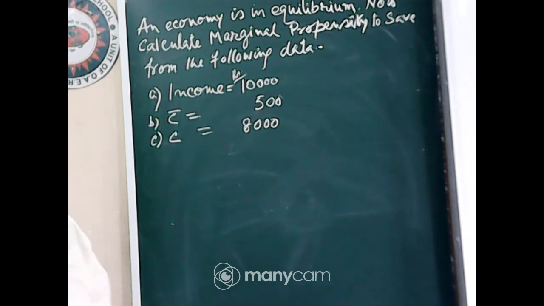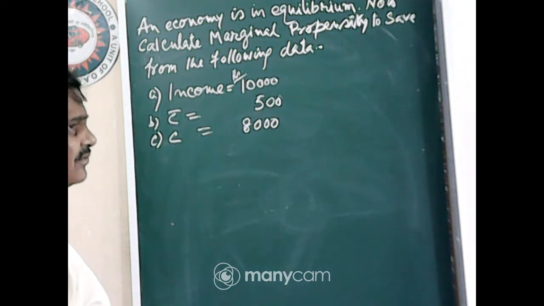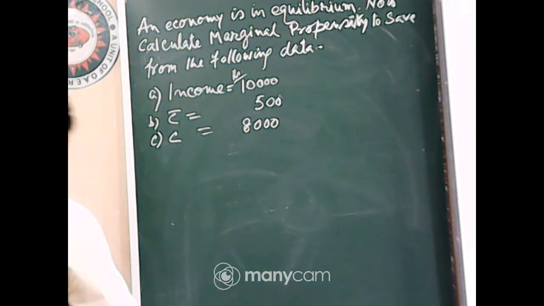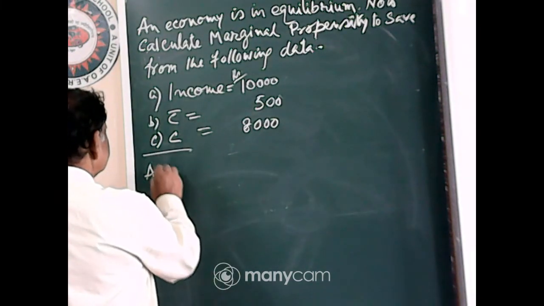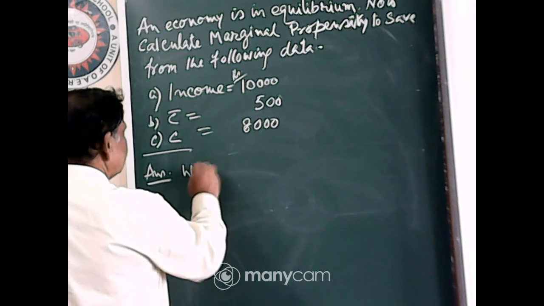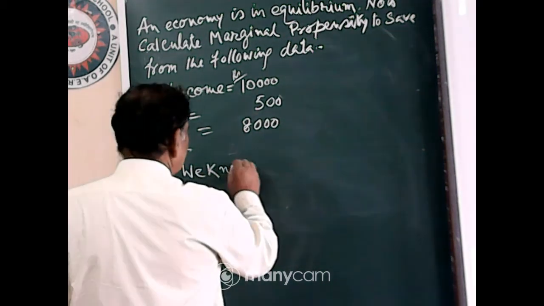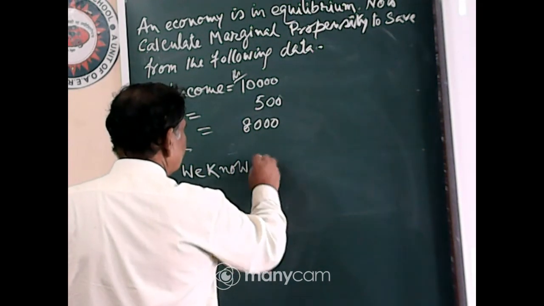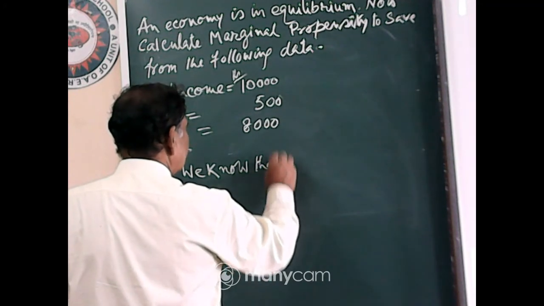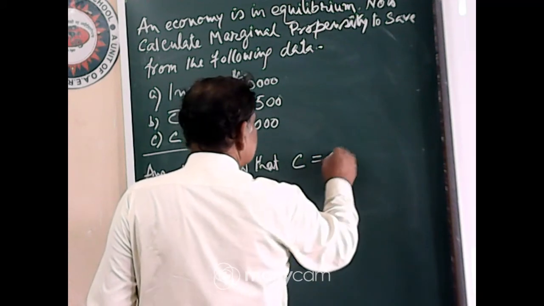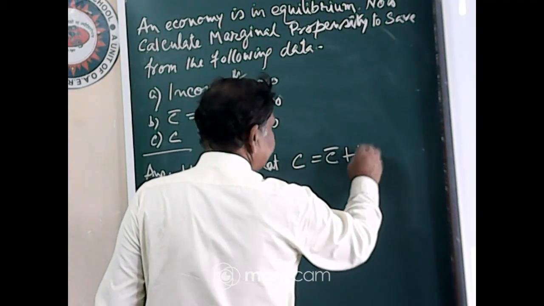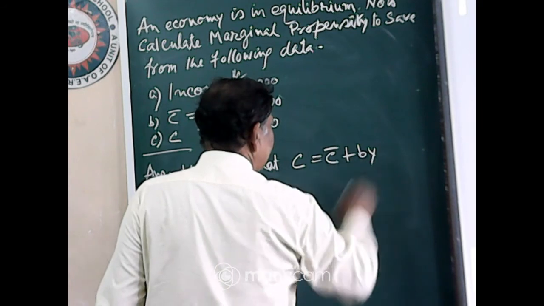Now you have to calculate marginal propensity to save, MPS. We know that C is equal to C bar plus bY. C bar plus bY.